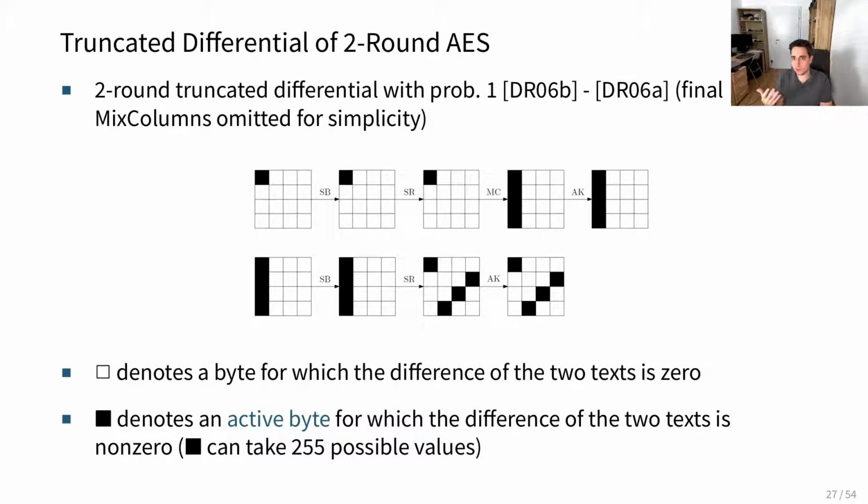So what we know, and this is the truncated approach here, is that we don't know the precise difference here, here, or here. But we know that there may be some difference here, and more importantly, we know that there's no difference in the white bytes here. This is essentially the same as what we had before with these 0 bits, for which we knew that there is a 0 difference at this position. So this is what the truncated differential of 2-round AES is.